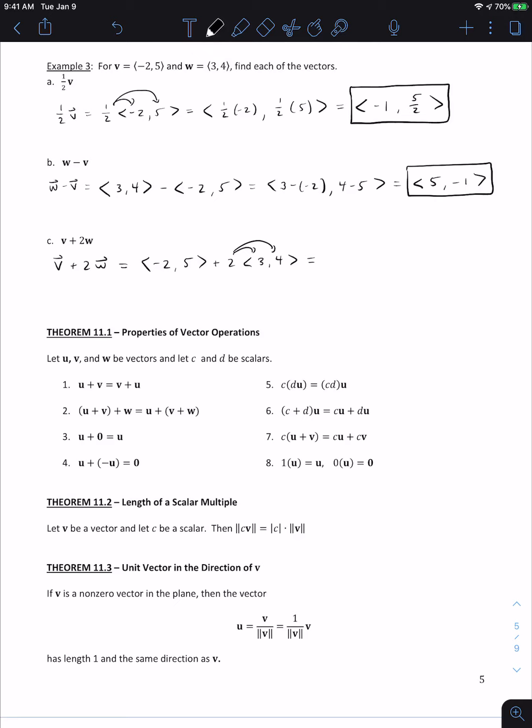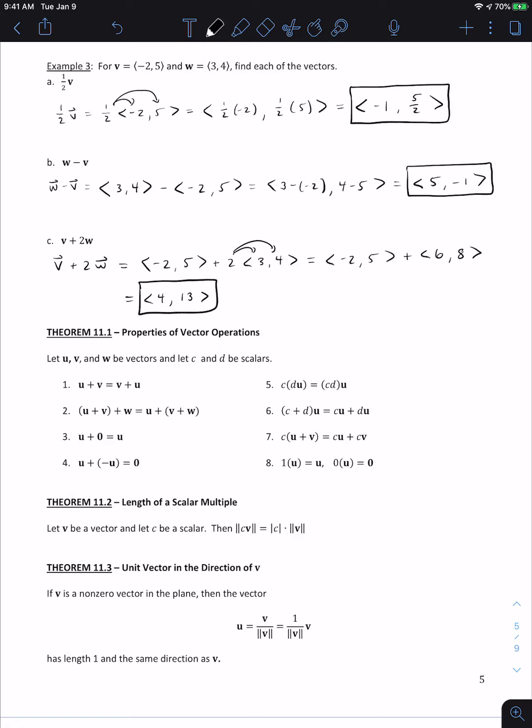So this one ends up being -2, 5, and then if I distributed my 2, I would get 6 and 8. And now, finally, let's just add component-wise, right? If I'm adding two things, I just add component-wise. So -2 plus 6 is going to be 4, and 5 plus 8 is going to give me 13.